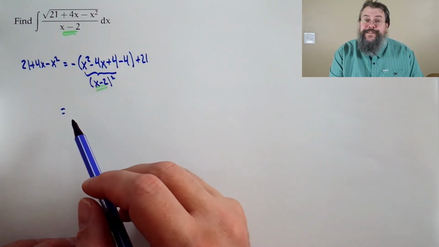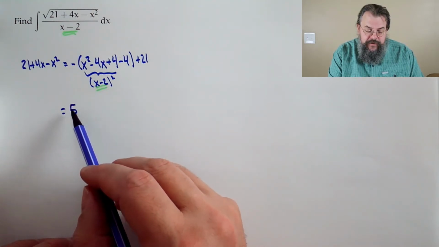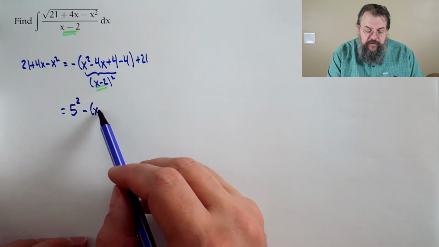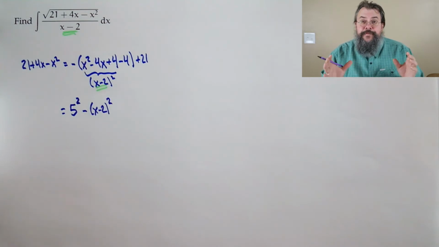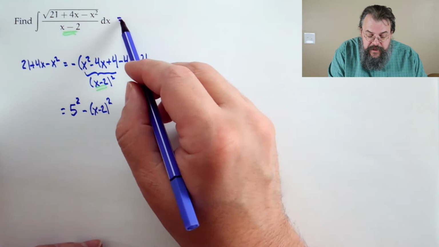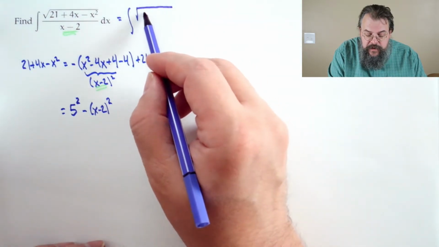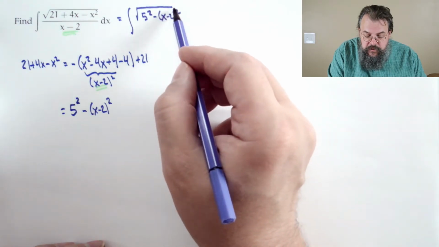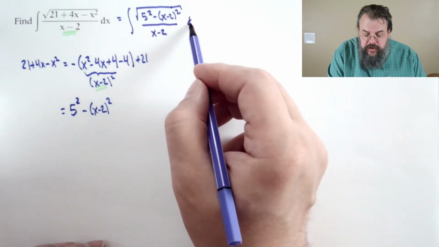Oh, that's a square number. Wow, cool. I'll go ahead and write it as 5 squared, and then minus x minus 2 squared. Perfect. Great. So if we update, our integral is now the integral of the square root of 5 squared minus x minus 2 squared, divided by x minus 2, dx.